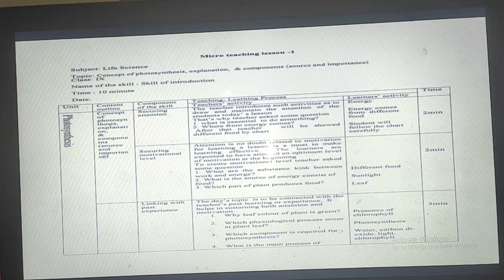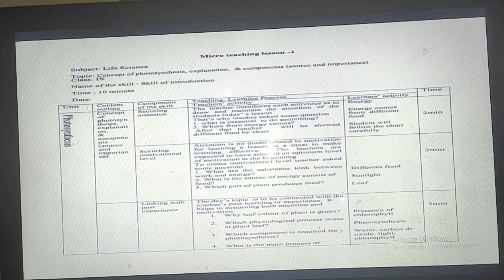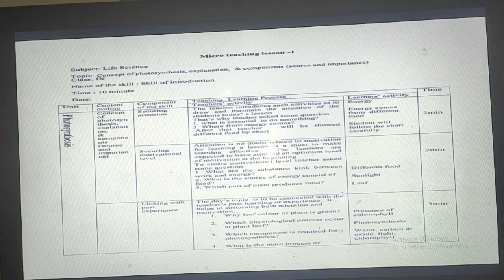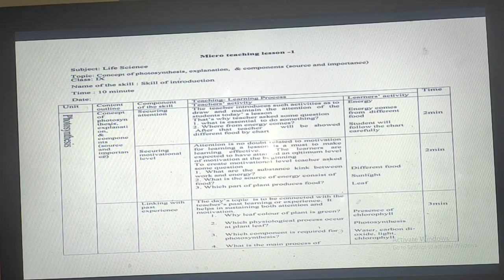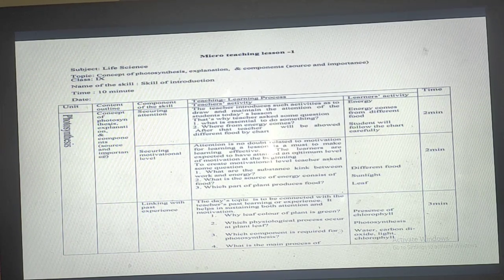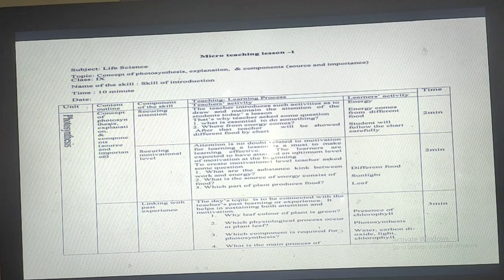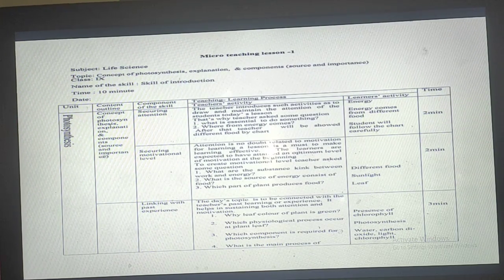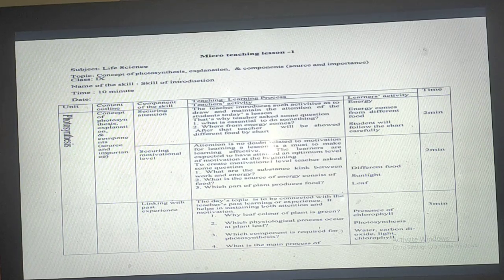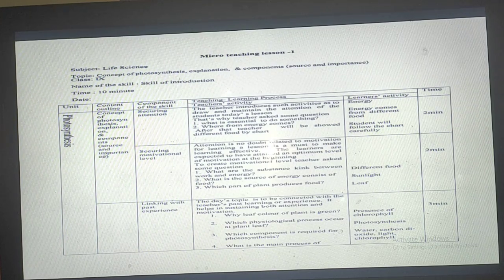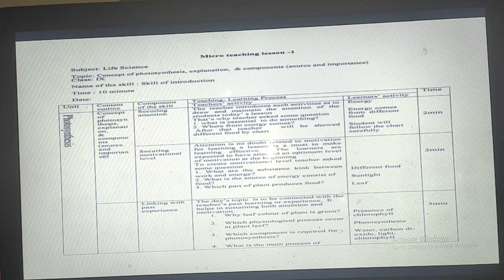Here the teacher's activity is to link up between previous experience and present experience. That's why, to assess their previous experience, the teacher puts some questions and the learners answer these questions.